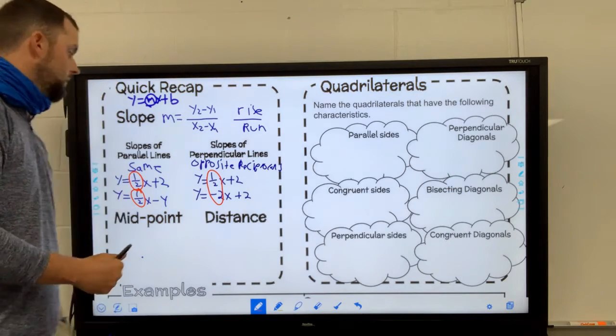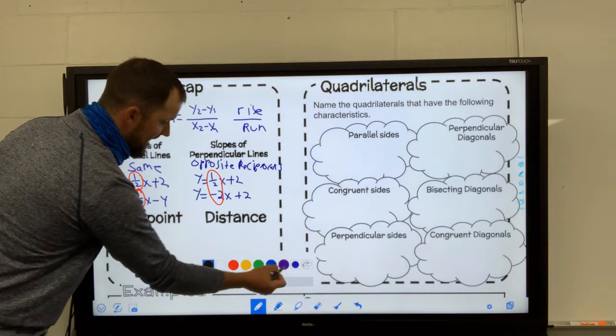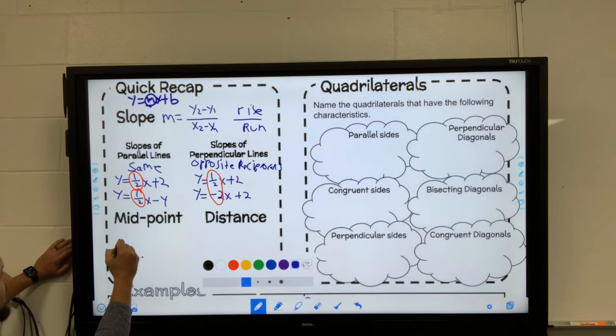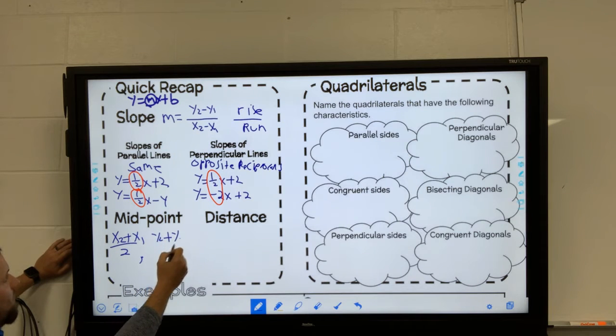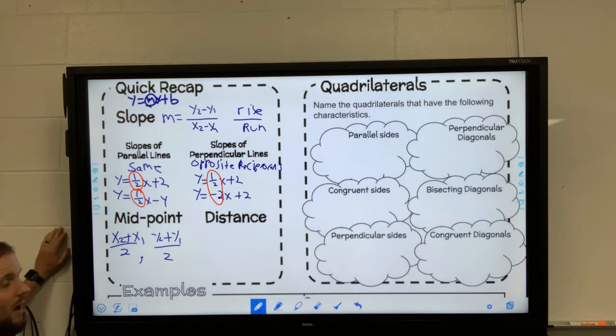Okay, next thing: the midpoint. To find the midpoint of a line, I'm going to do x2 plus x1 divided by 2, comma, y2 plus y1 divided by 2. So I add the x coordinates together and divide by 2, and that gives me my x coordinate. I add the y coordinates together and divide by 2, and that gives me my y coordinate.